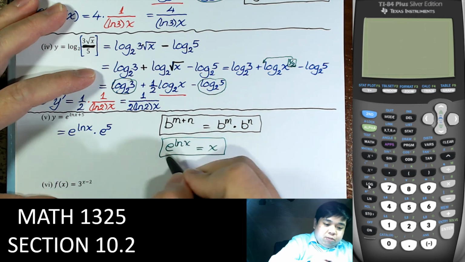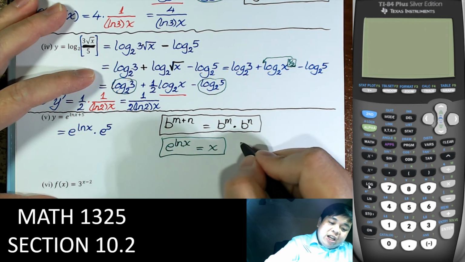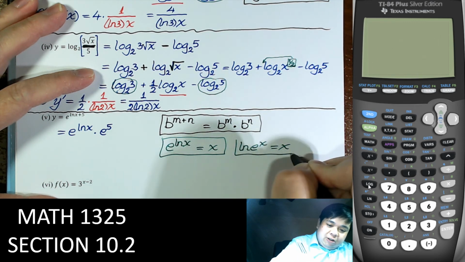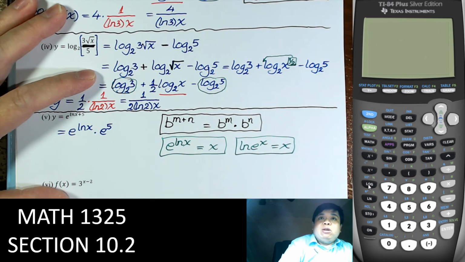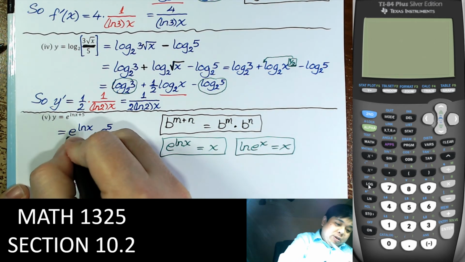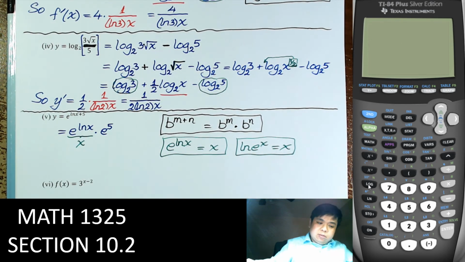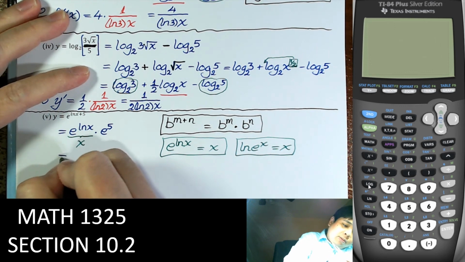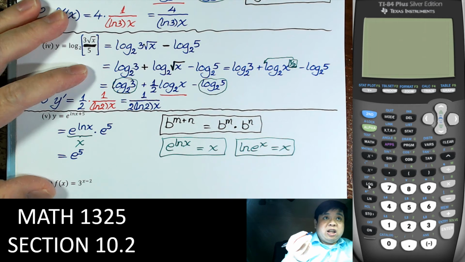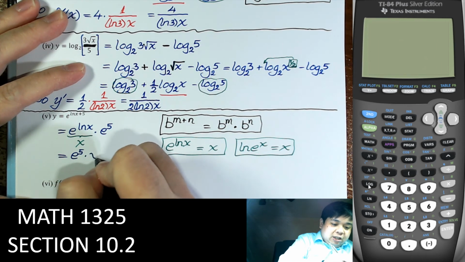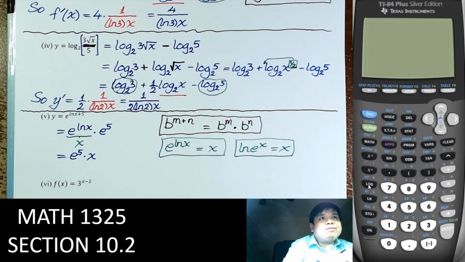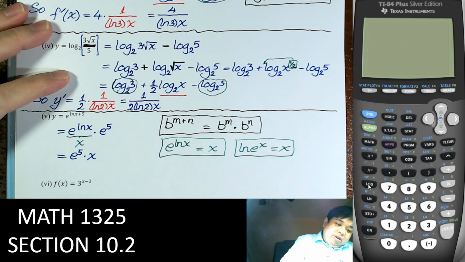Or remember, in the previous section we said ln of e to the x is equal to x. Ln and e cancel out in this form and cancel out in that form as well. So this turned out to be just x. So we have e to the 5 power, which is a constant because there's no x in it, times x. It turned out to be very nice.